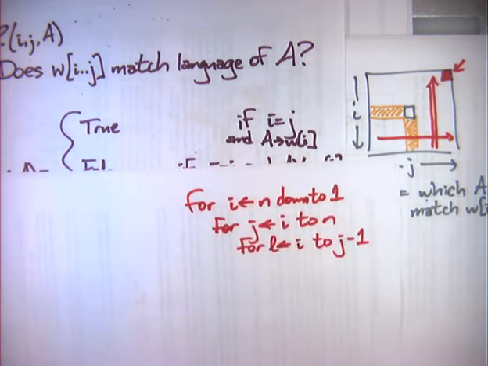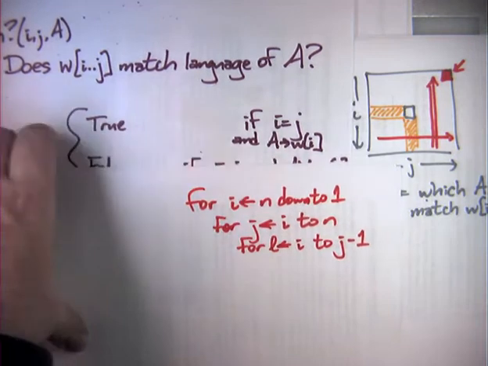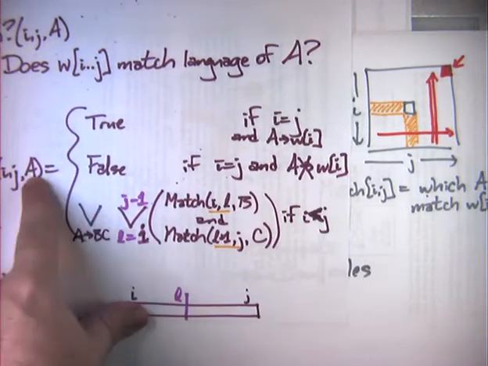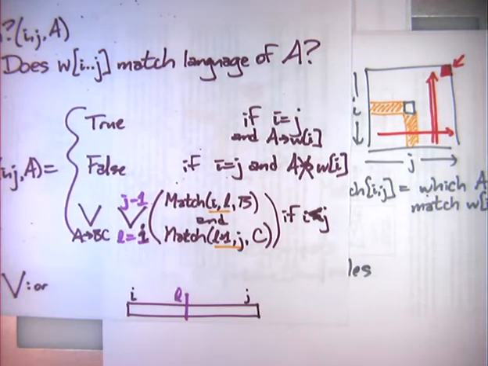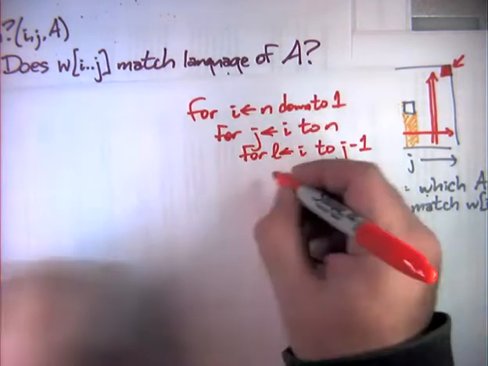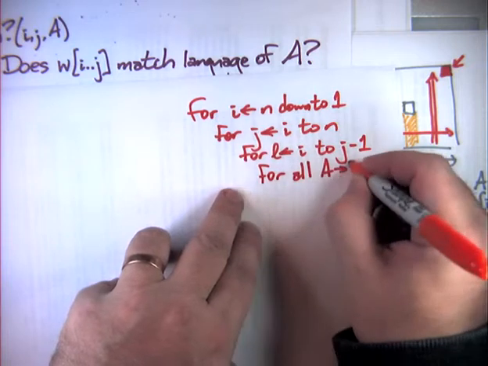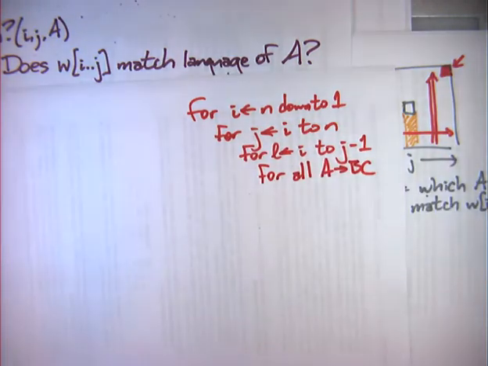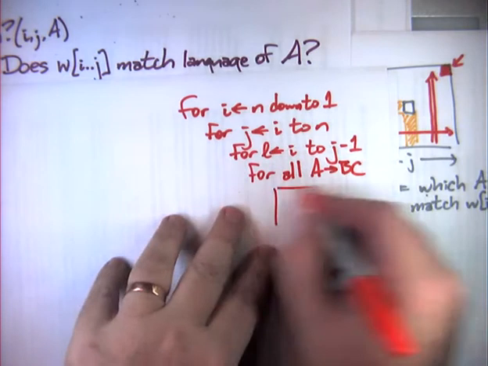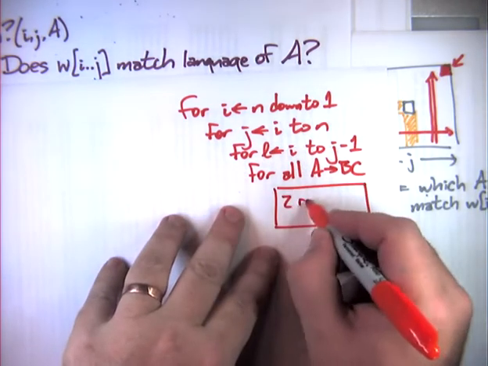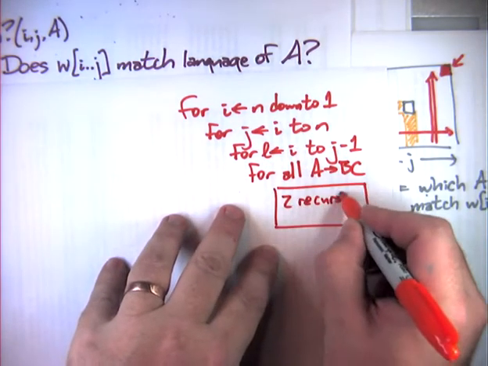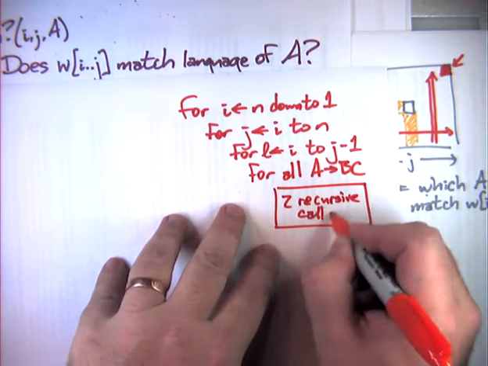And then in the inside loop, I need to consider every non-terminal and every production rule for that non-terminal, which means I'm going to consider all production rules. And then inside that, four levels deep, I'm actually going to make my 2 recursive calls and update my table.